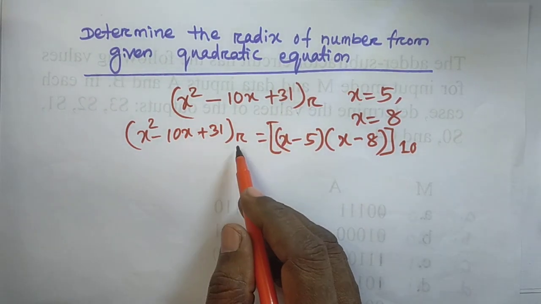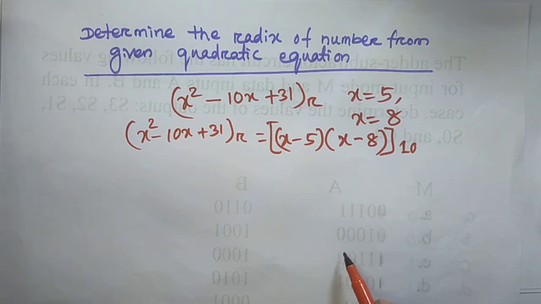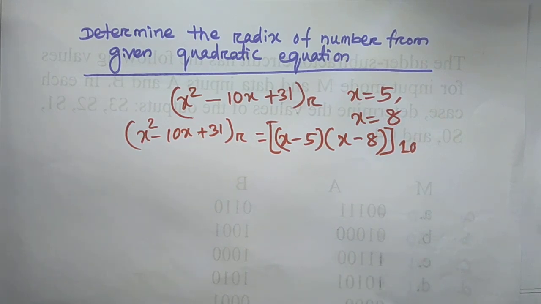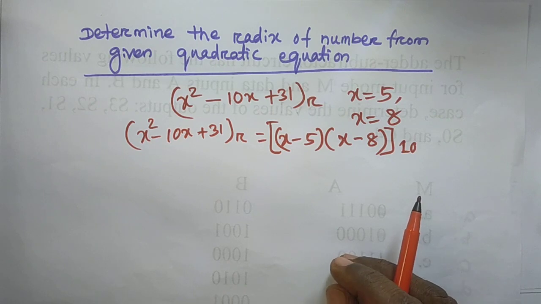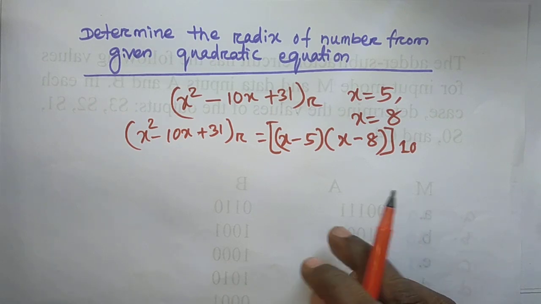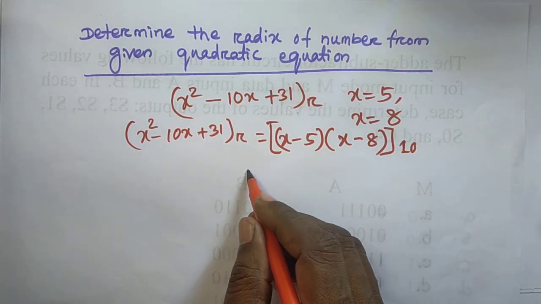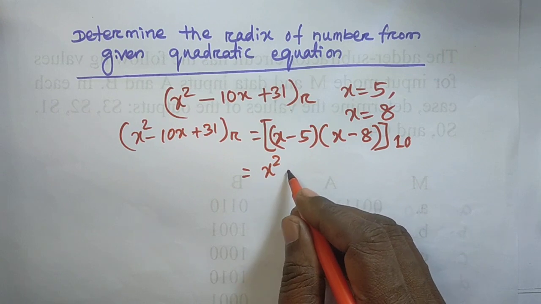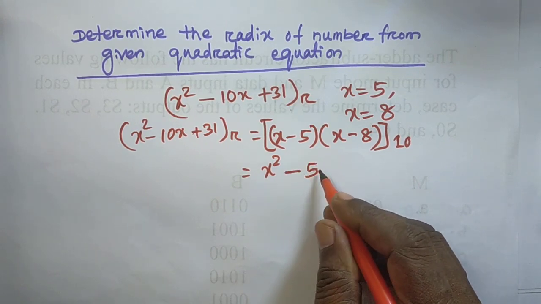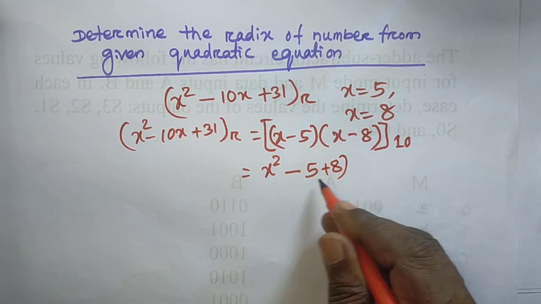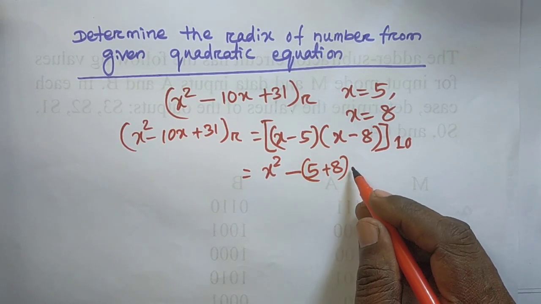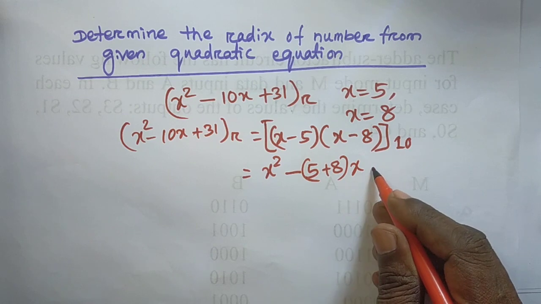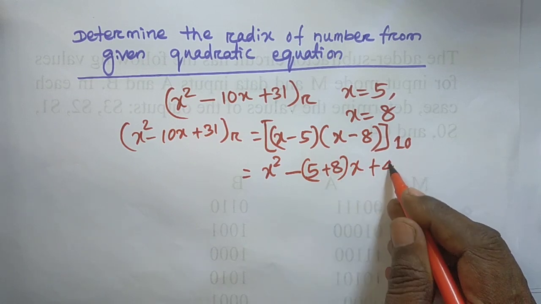Based on that, we have to find this radix. When we multiply, we get x square minus (5 plus 8) x plus 40.